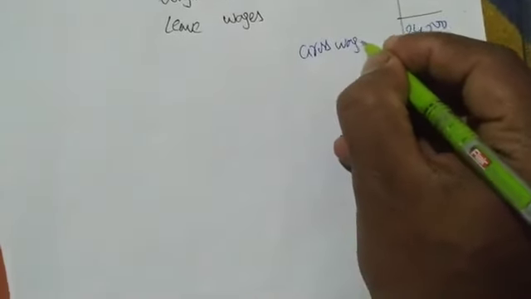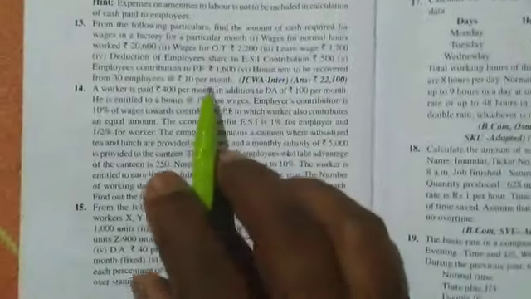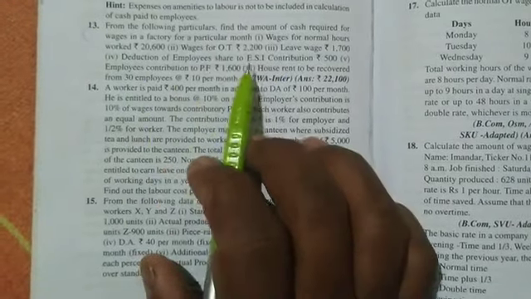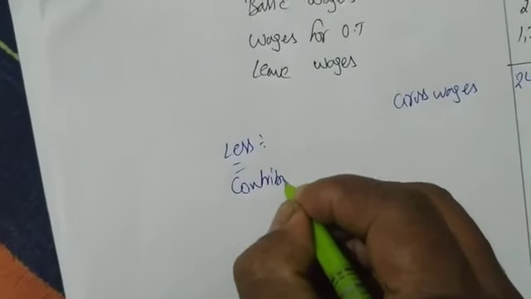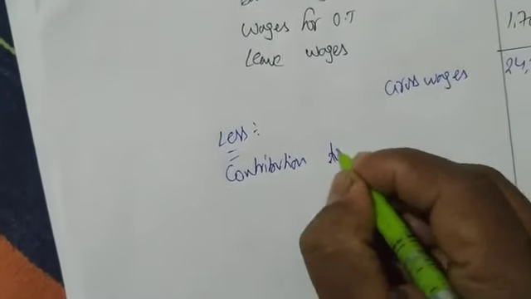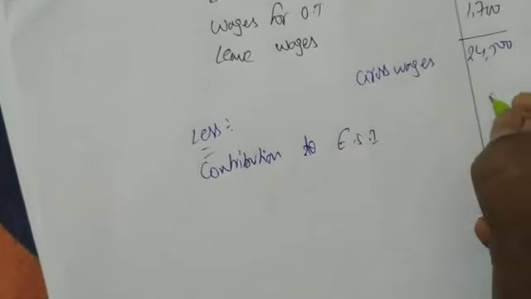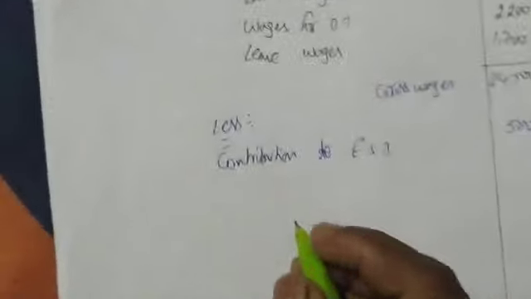Gross wages is 24,500. Then from this we have to deduct the employee's contribution towards allowances, benefits we can say. First is the employee's ESI contribution. How much is contributing? 500. Next, contributing towards PF.